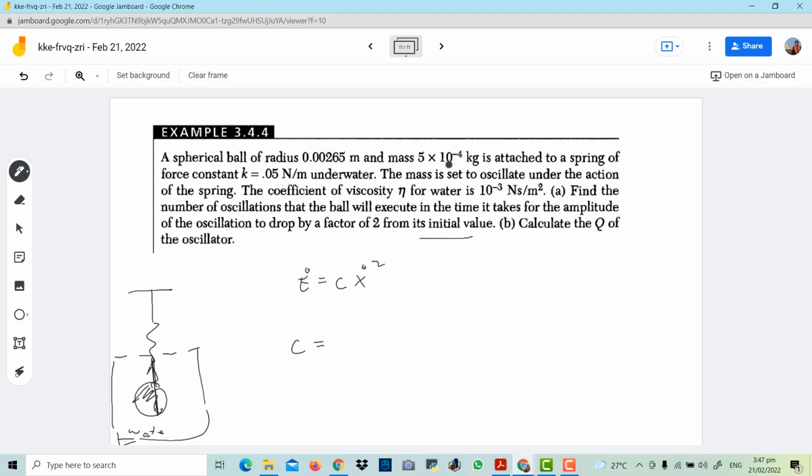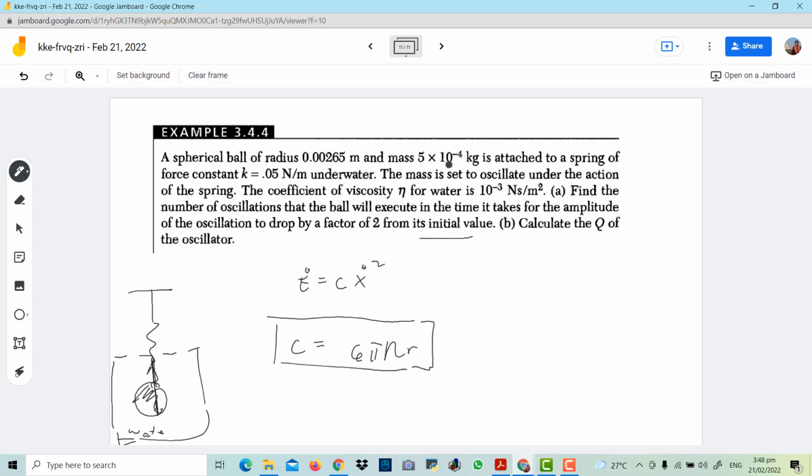Take note, in fluid mechanics, C here is equal to 6 pi eta times the radius of the spherical ball. In fluid mechanics, there is a formula for the constant with damping. Say in terms of viscosity, the constant C here is equal to 6 pi times eta times the radius of the ball.